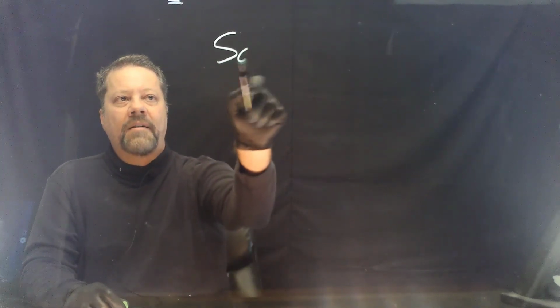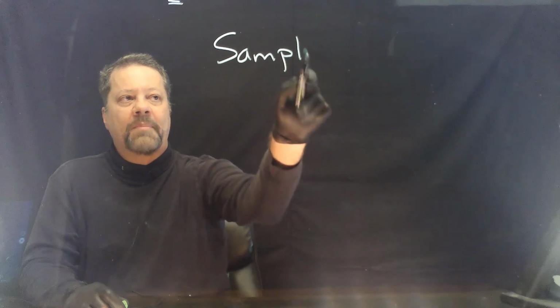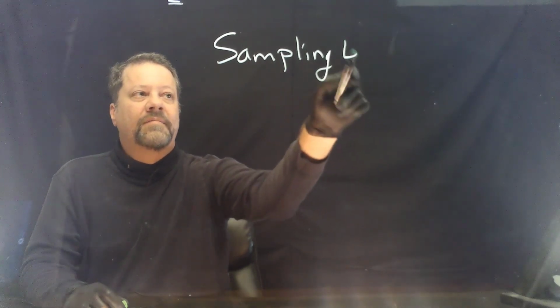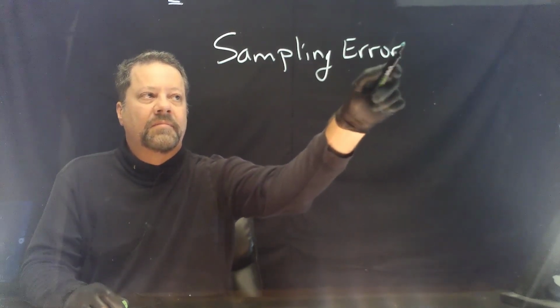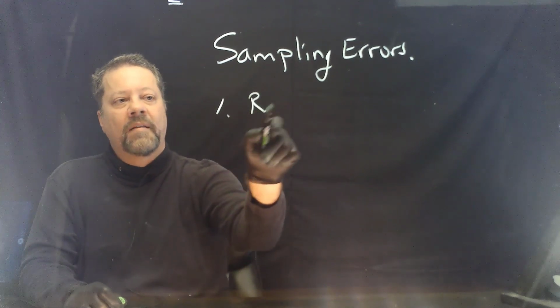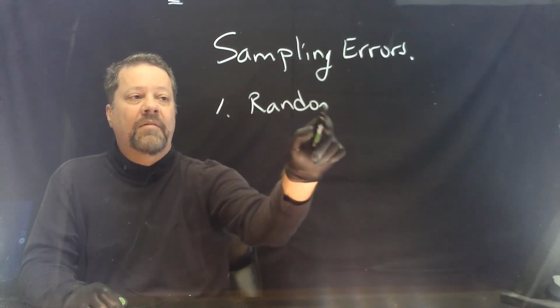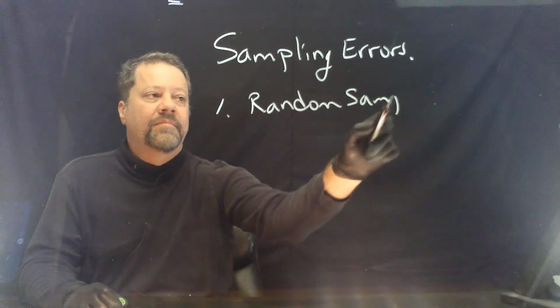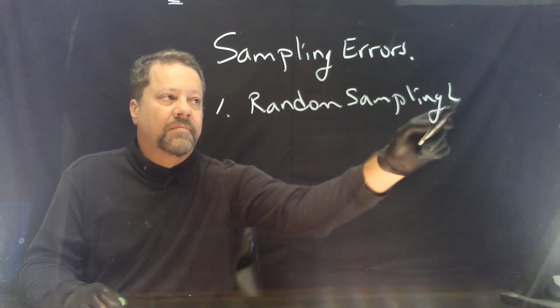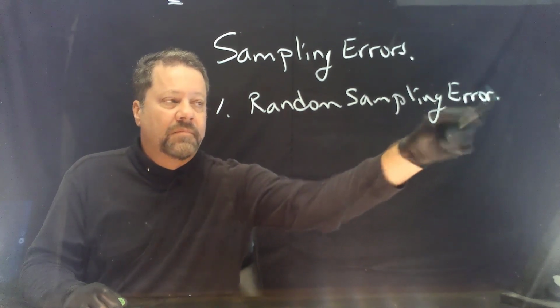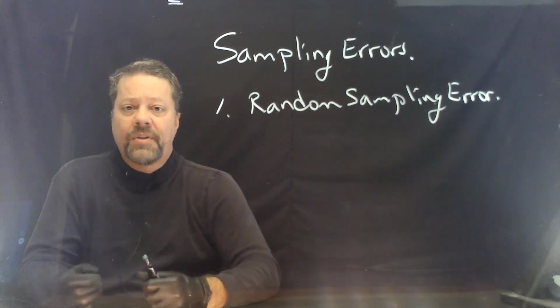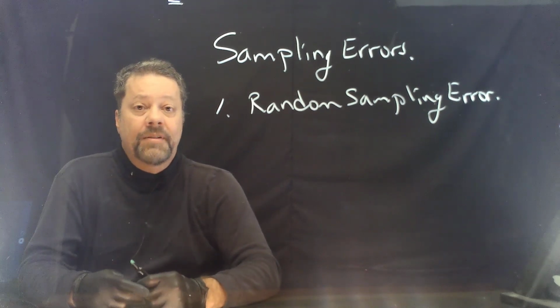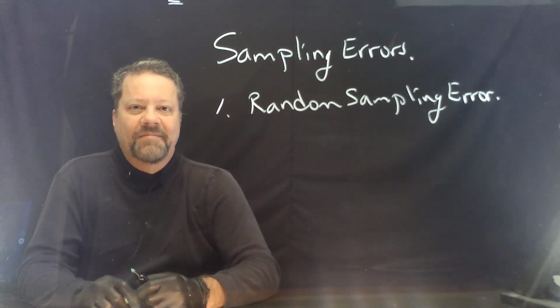There are certain errors that arise just because of the sampling process. You can have a random sampling error. You may have chosen a random sample that just didn't represent the population.